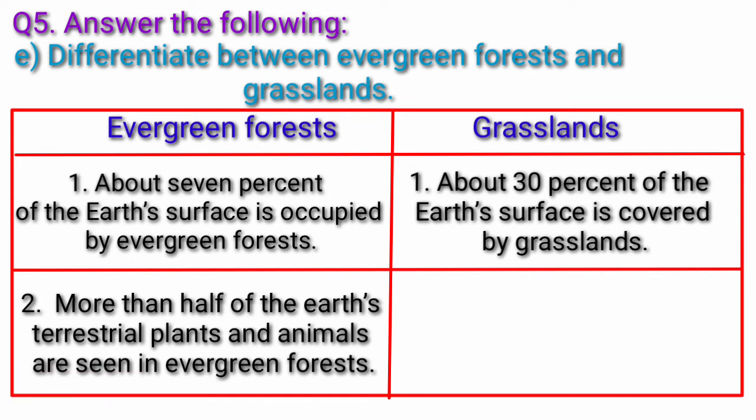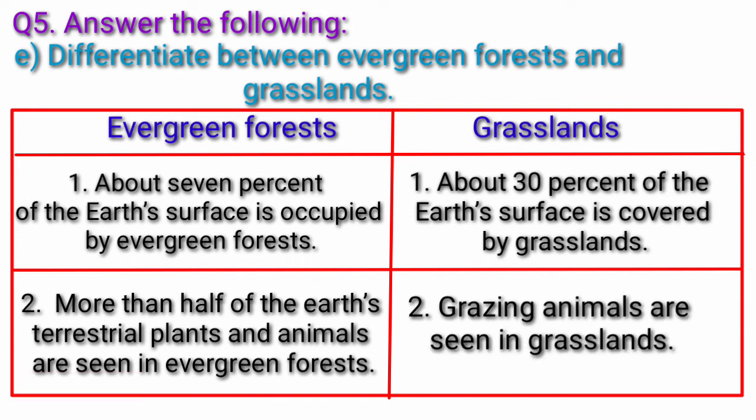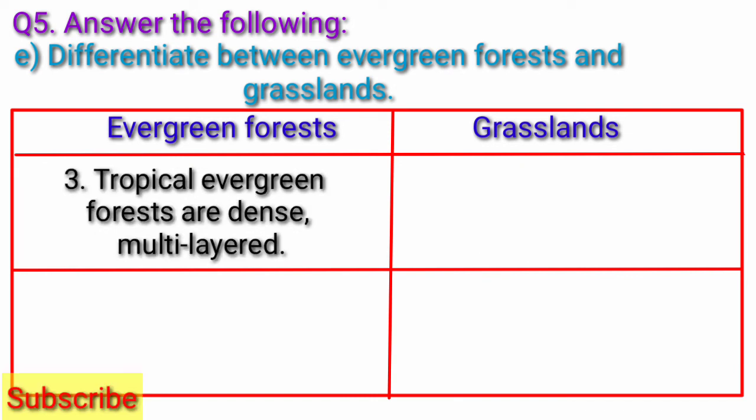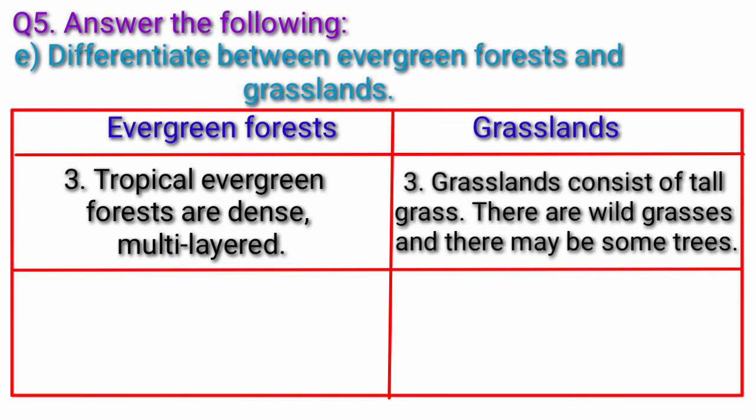Second, more than half of the Earth's terrestrial plants and animals are seen in evergreen forests. Grazing animals are seen in grasslands. Third, tropical evergreen forests are dense, multi-layered. Grasslands consist of tall grass.